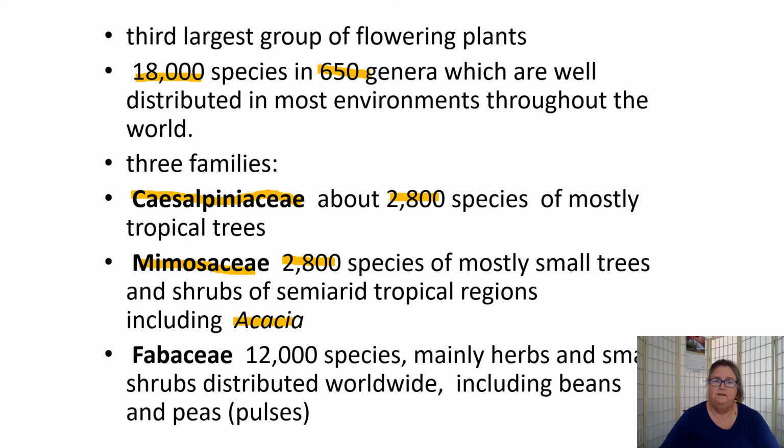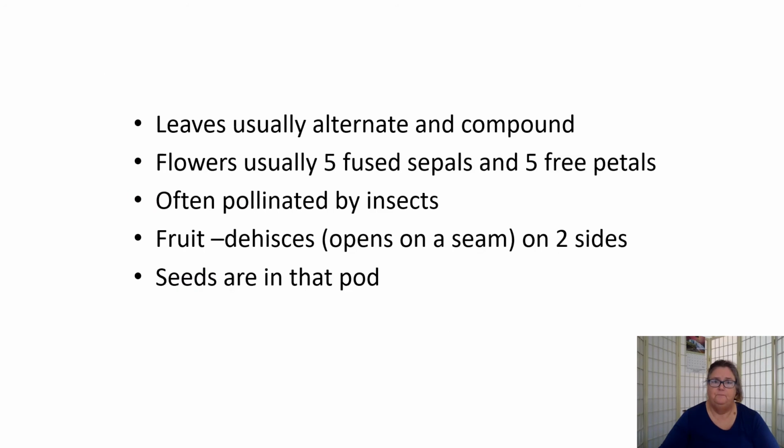All right. The Fabaceae are what we think of as the beans and peas, and widely used in human nutrition, 12,000 species. All right. Leaves are usually alternate and compound, meaning that there's several leaflets on one leaf. Flowers are 5 fused sepals and 5 free petals, often pollinated by insects.